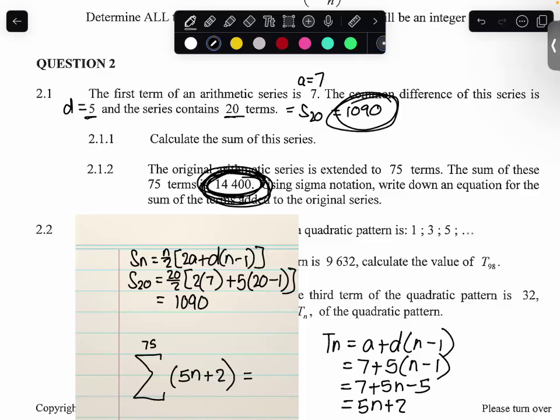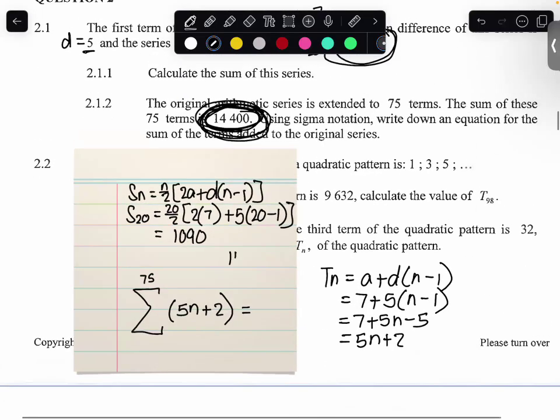So 14,400 minus 1090 gives me 13,310. So they want the sum, written in sigma notation, to 13,310. Now, normally at the bottom of the sigma sign is n is equal to 1.